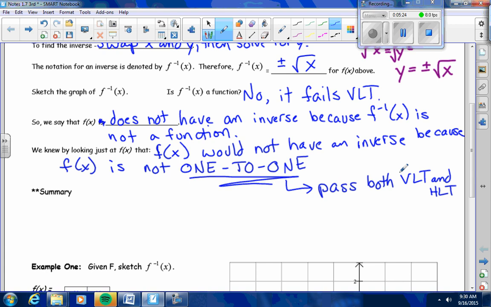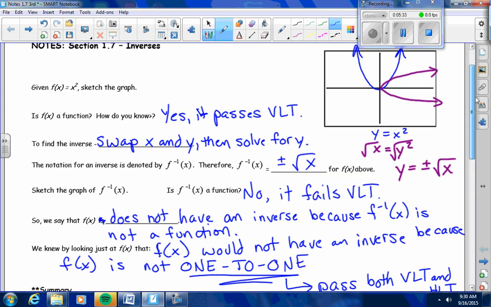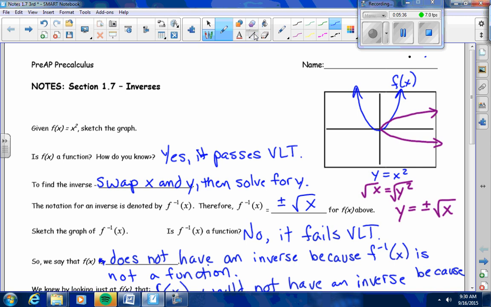It's just instead of having the pencil moving across vertically, you turn your pencil horizontally and move it across the graph. So if you have a horizontal line, let me create one real quick. Okay, so here's my horizontal line, and I pass that horizontal line over my parabola, x squared. It fails the horizontal line test because it is crossing at more than one spot on that graph.